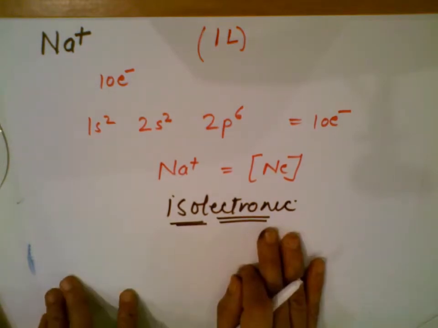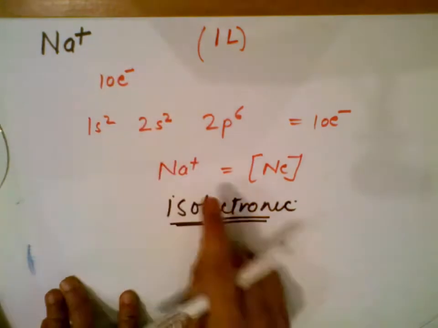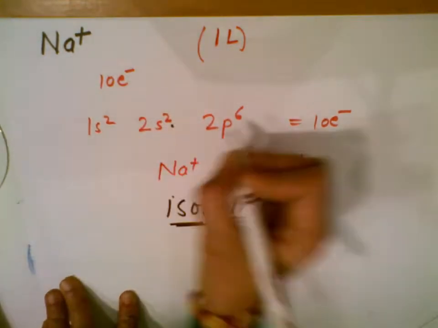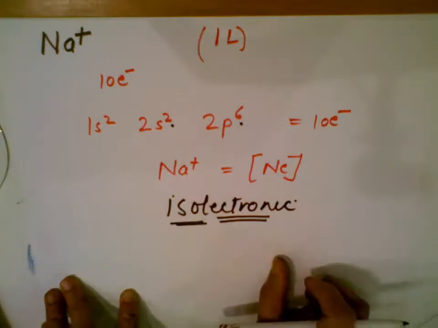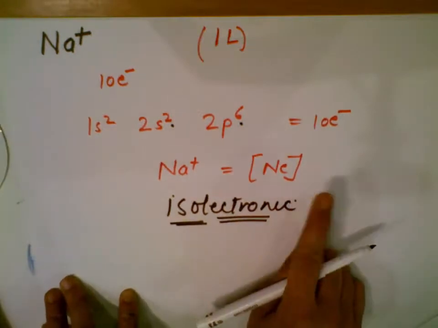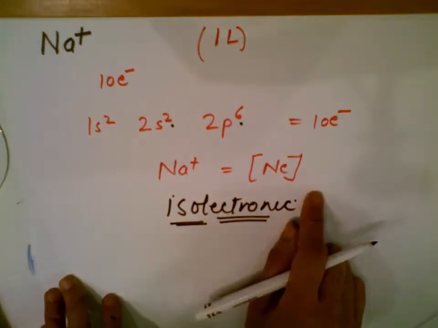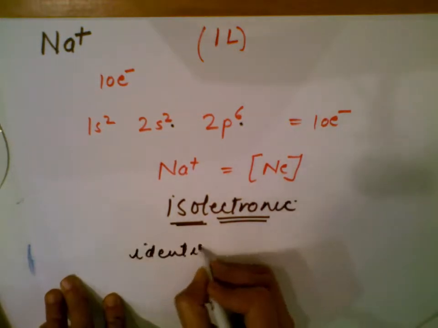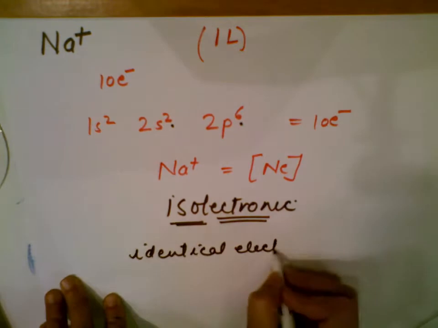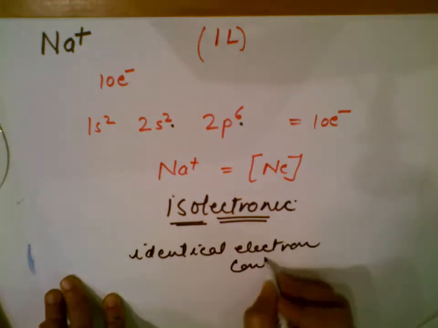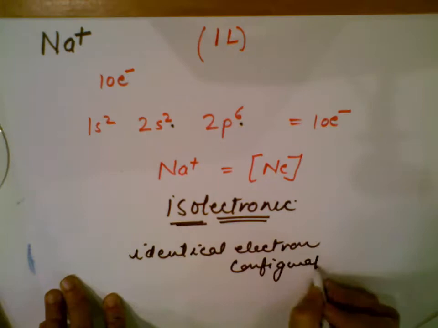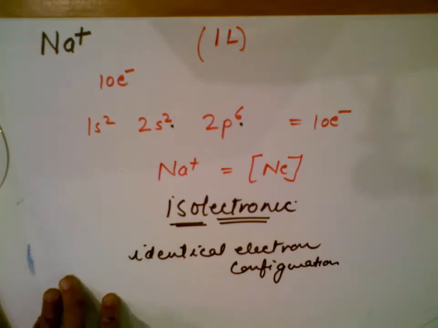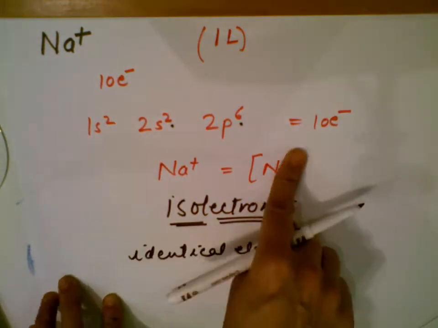So this ion has completed its octet. See this, 2 plus 6, 8 electrons, just like the nearest noble gas, which is neon in this case. So they have identical electron configuration.